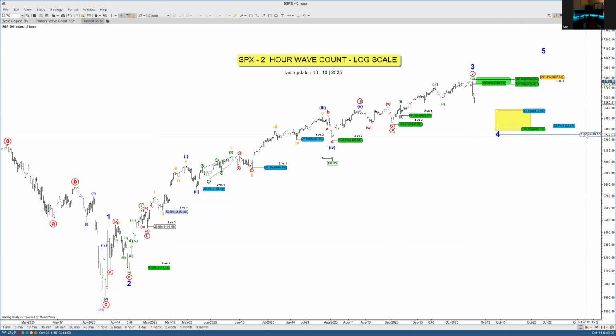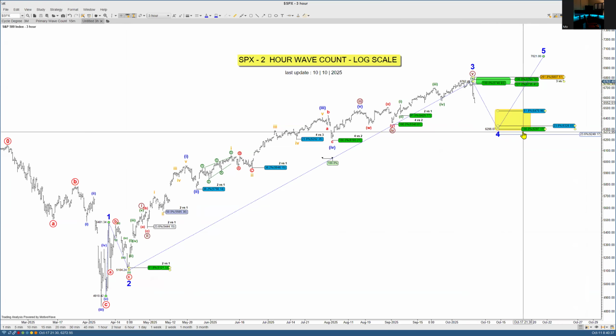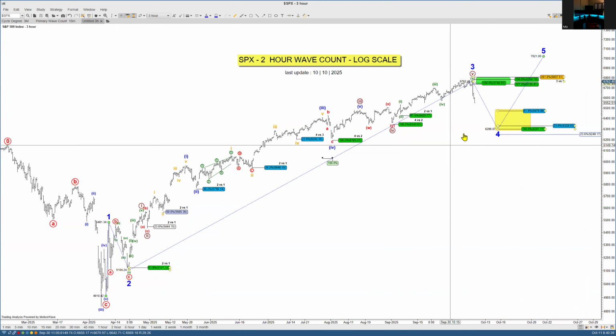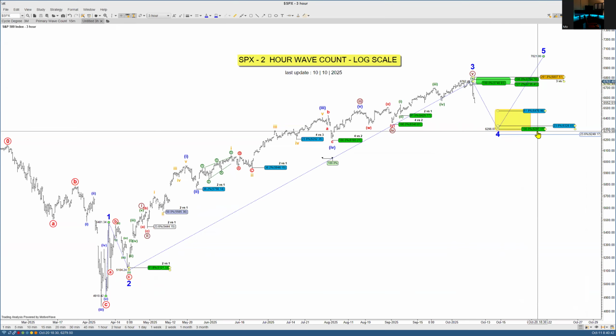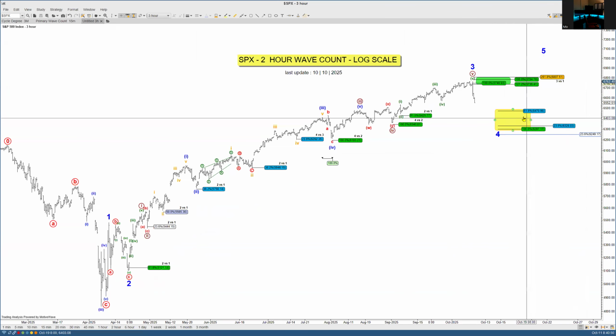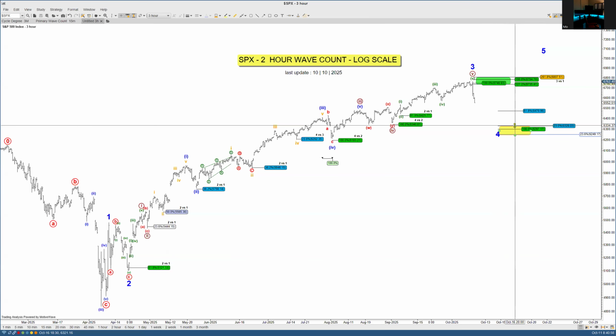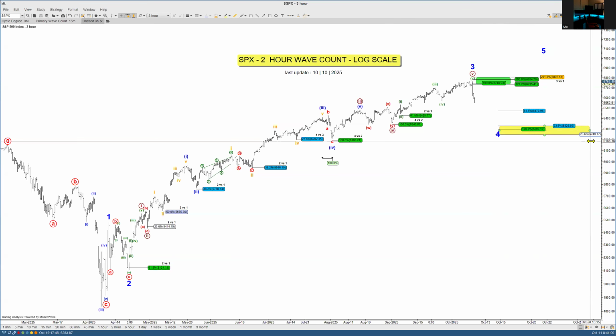So we have 6250, and the 100% relationship of 4 versus 2, the distance traveled in 2, equal distance, to 100% relationship of 3 is at 63.28. So we have a zone here for this fourth wave of roughly another 3.5%. This is this zone.